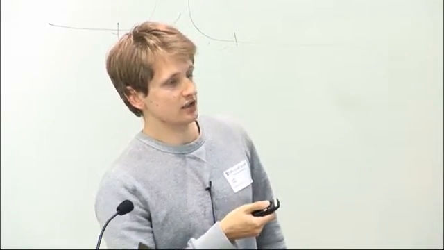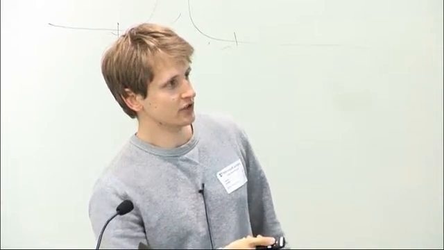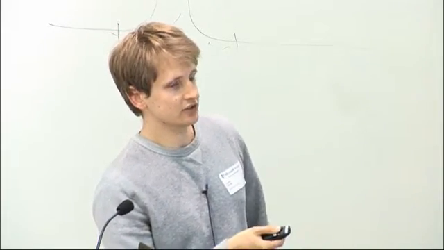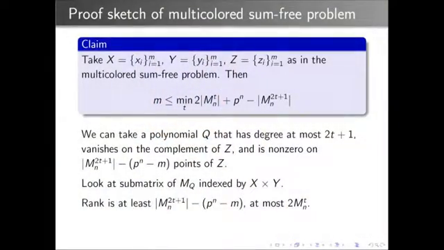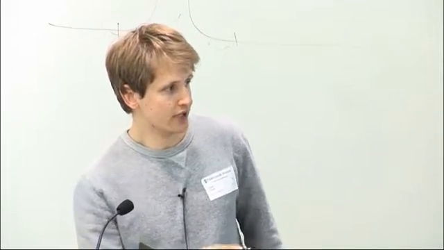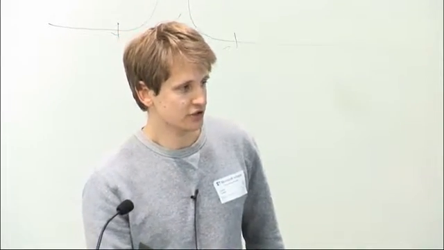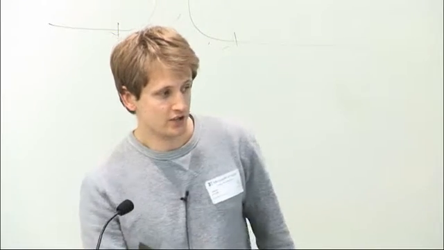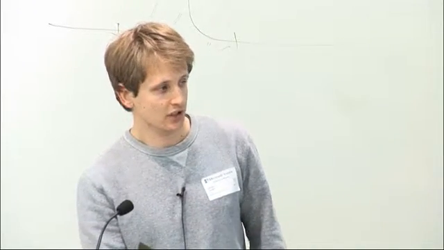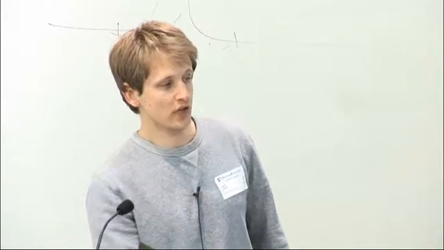If we take a diagonal element, then we obtain the polynomial at z corresponding to that z_i. So this means we have this number of non-zero elements in the diagonal, so the rank of this matrix MQ is at least this number. On the other hand, we saw previously that its rank is at most 2 m_n(t).